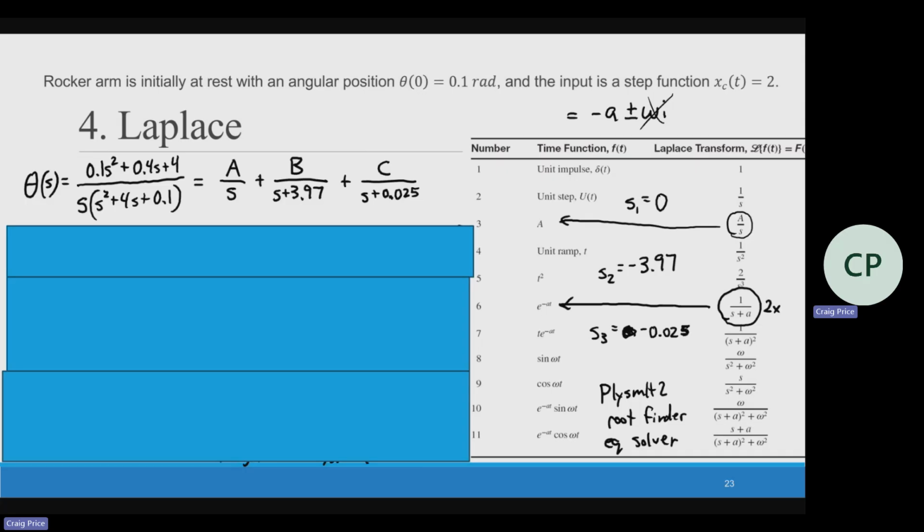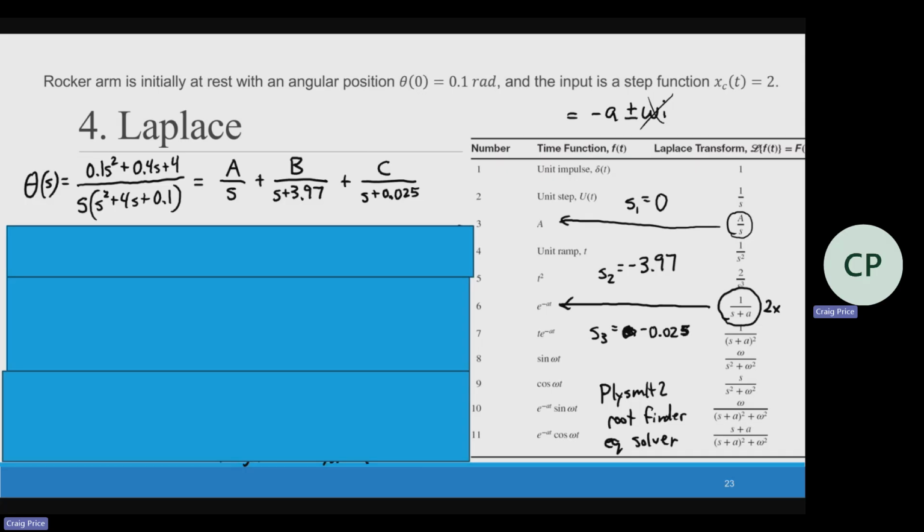So I'm going to actually set up 2 of line 6, one with each of those roots. And then I'm going to have line 3, because I have a 0 root, s equals 0. So we're going to have 1 line 3, that's one partial fraction, and 2 line 6s with those other real roots. Again, roots are negative a plus or minus omega i.